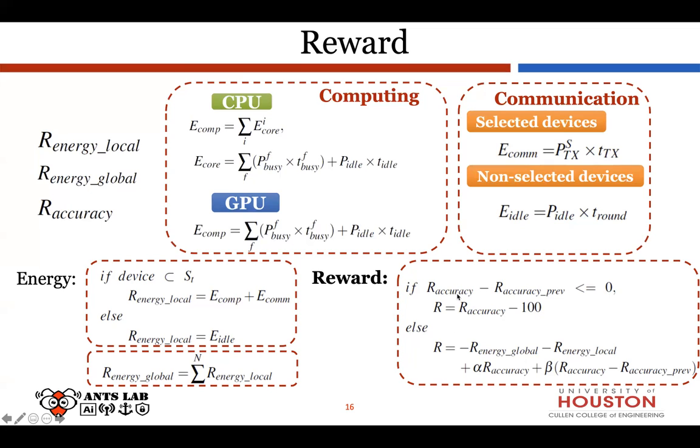Otherwise, if the accuracy is increasing compared with the previous round, it is defined as minus the global energy, minus the local energy, plus the accuracy of this round, plus the accuracy improvement. So this is the definition of their reward function, and it considers both the energy consumption and the accuracy improvement. And this is the reward.